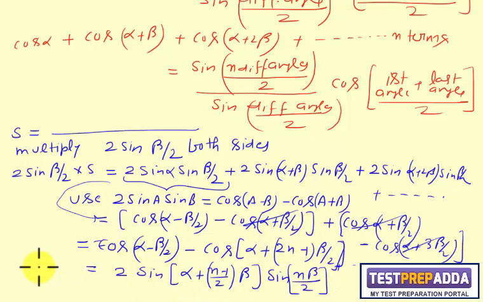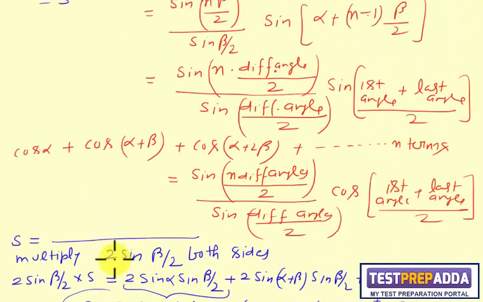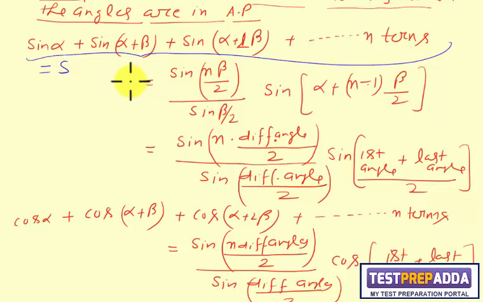Clear? And this is actually 2 sine beta by 2 into S. So if you write, S will be what? This upon sine beta by 2. This 2 and 2 will get cancelled. So at the end you are going to get this result.